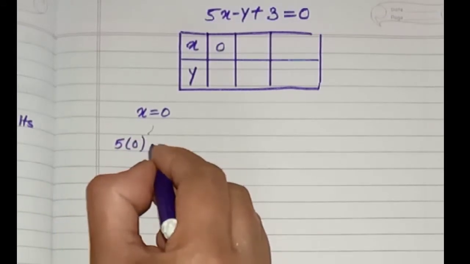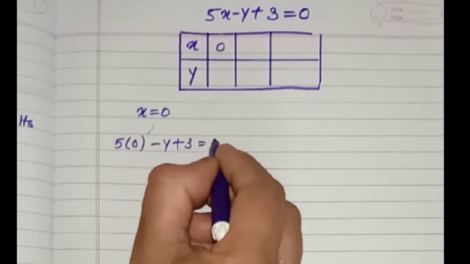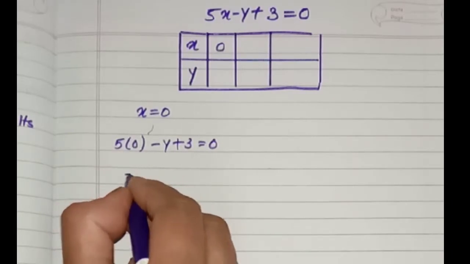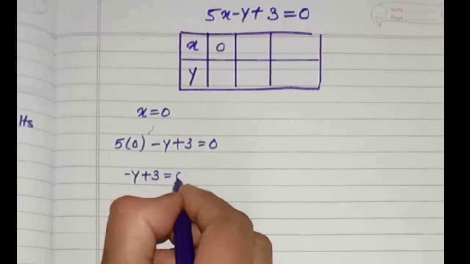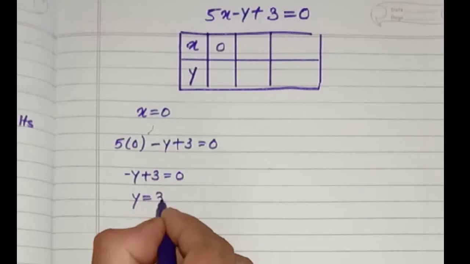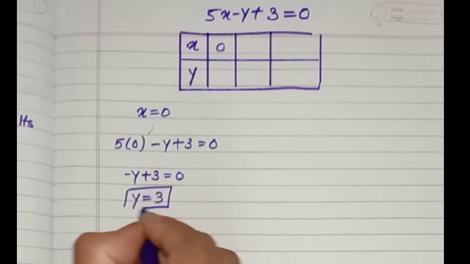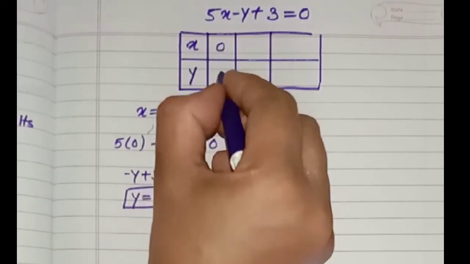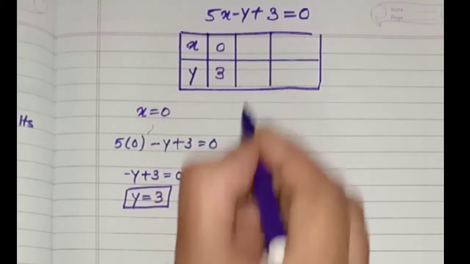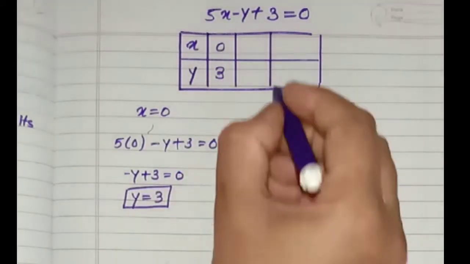When we substitute 0, we get 5 times 0 is 0, minus y plus 3 equals 0. It means the value of y is 3. So when you substitute 0, the corresponding value of y will be 3.